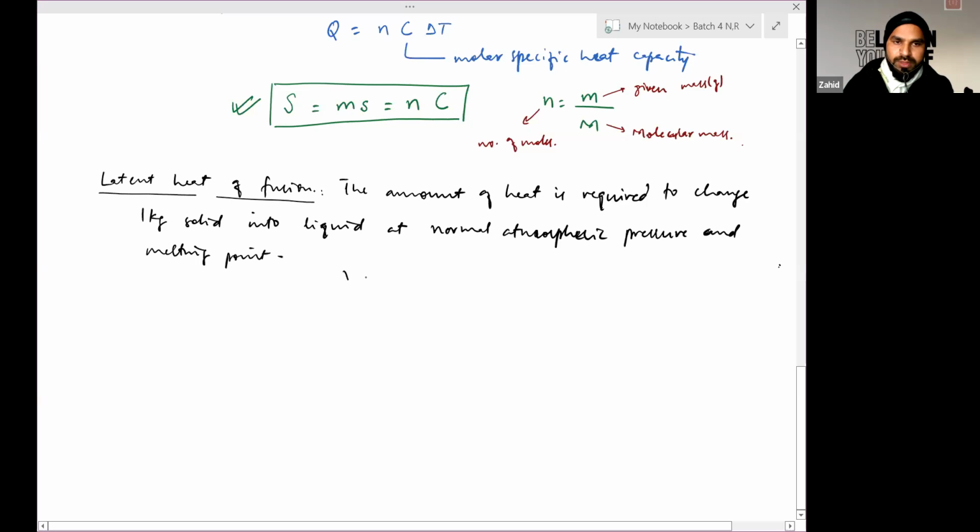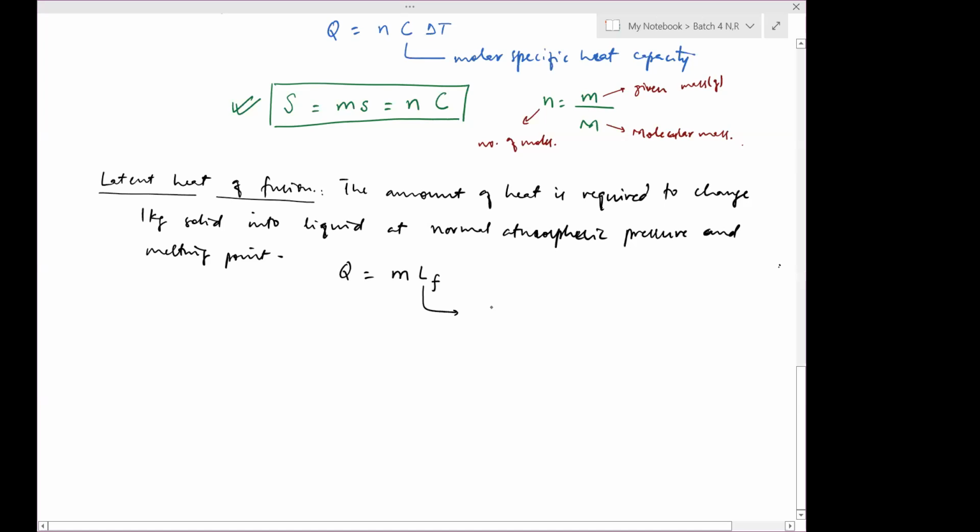So Q equals mass of substance times latent heat of fusion. You may say this term is the amount of energy evolved on converting from liquid into solid at its melting point and normal atmospheric pressure.